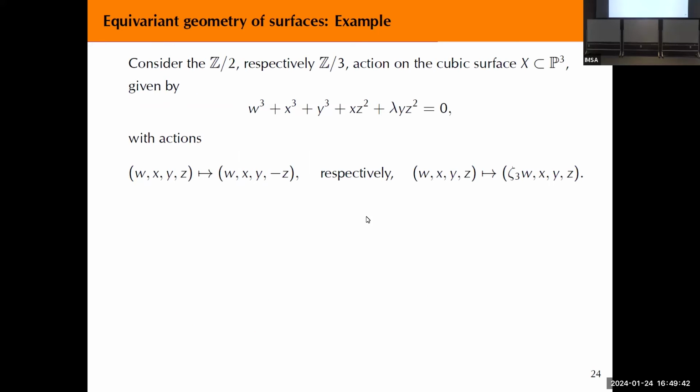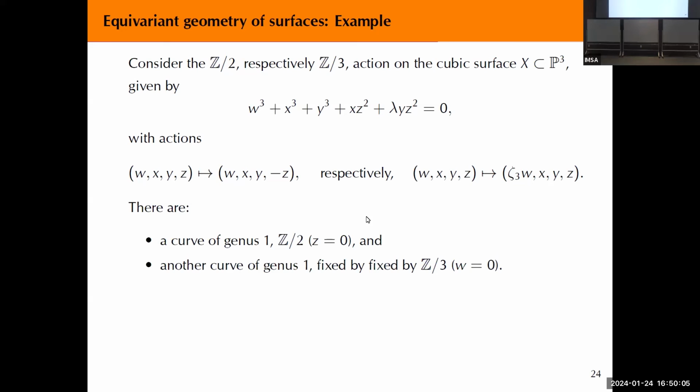All right, so let's take our favorite surface, a cubic surface. Here is an equation. And consider the Z mod 2 and the Z mod 3 action on it. The Z mod 2 action is you switch the sign on Z, and the Z mod 3 action you multiply W by a third root of unity, and clearly the equation is preserved.